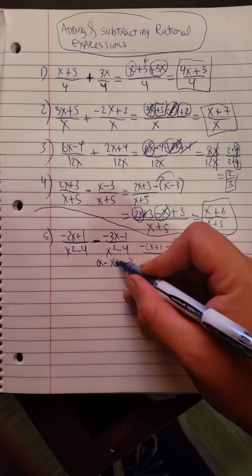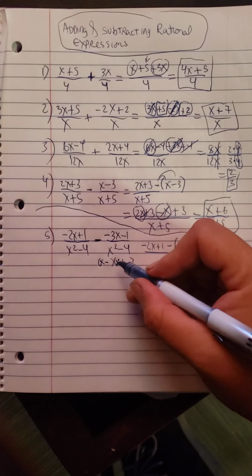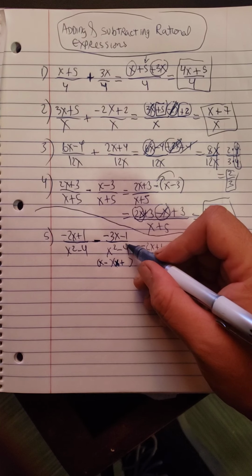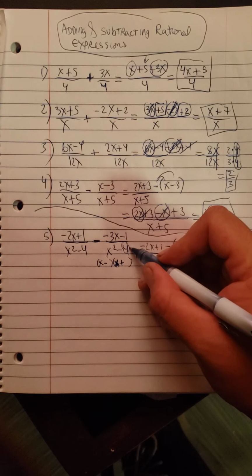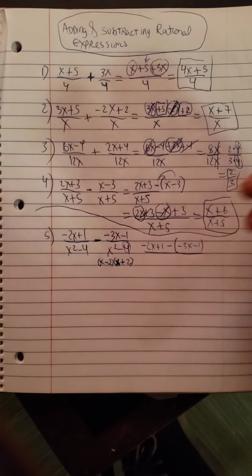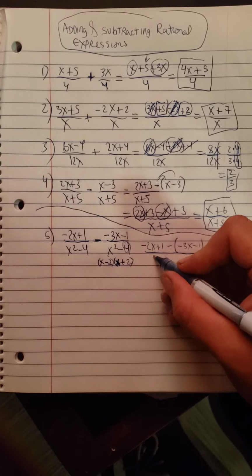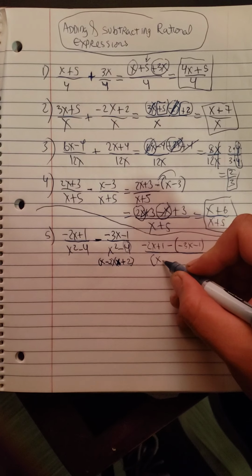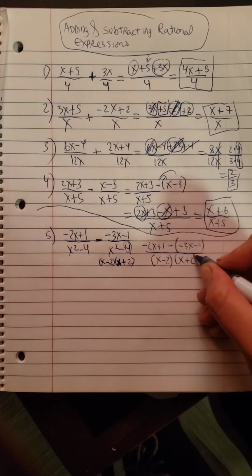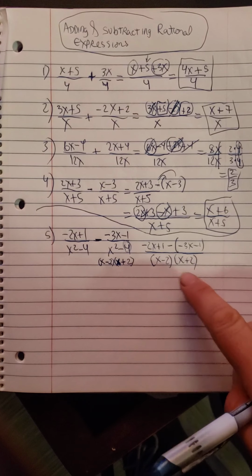Okay? And the last place, you're going to take the square root of this number here. So the square root of 4 is 2. So we're going to put 2 here and 2 here. So now our denominator has turned into x minus 2 times x plus 2. And there's a reason why we do this.